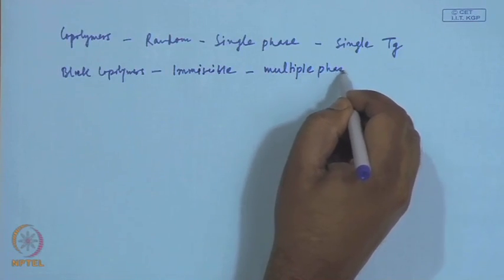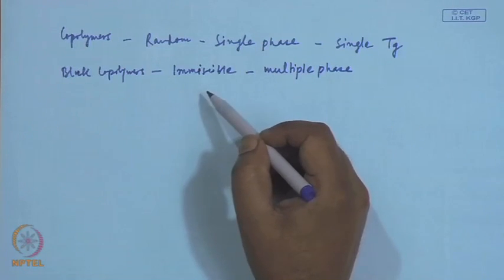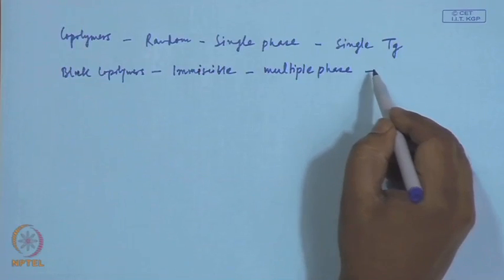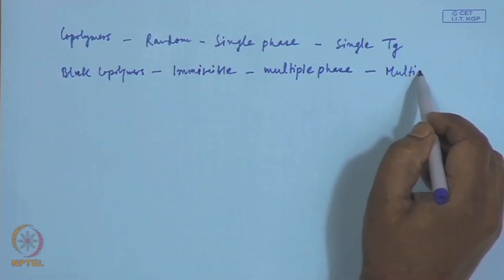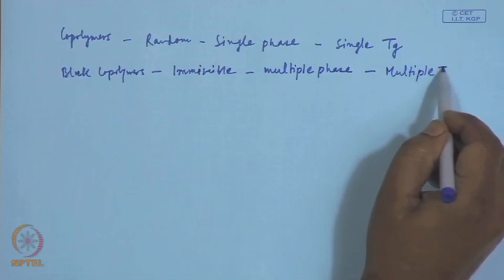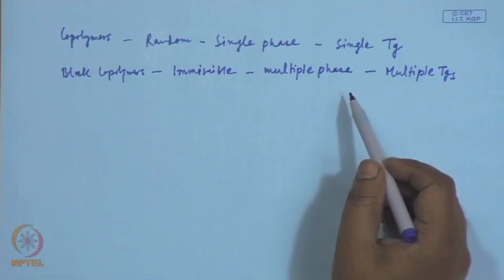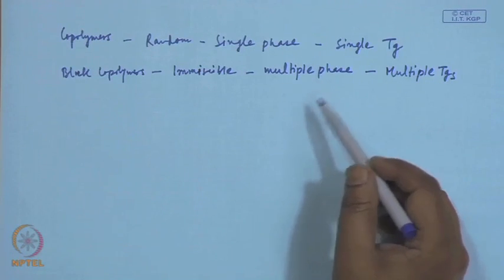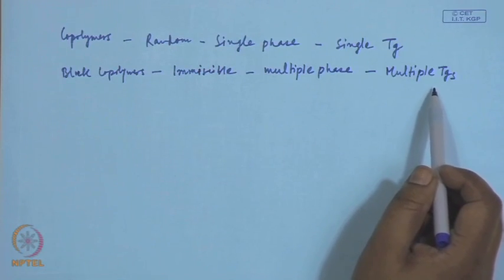For example, if we are talking about two blocks that are immiscible with each other, then we have two phases. Then we have multiple Tg's. Each Tg represents the Tg of the corresponding homopolymer. So if you have two blocks which are not miscible, then we are going to get two Tg's for the corresponding homopolymers.